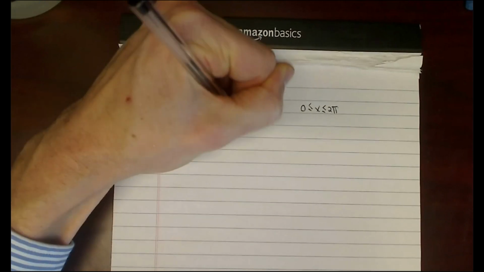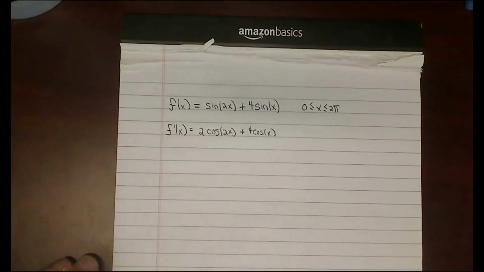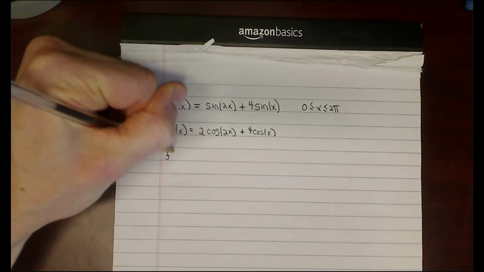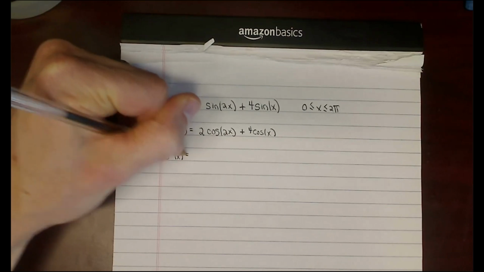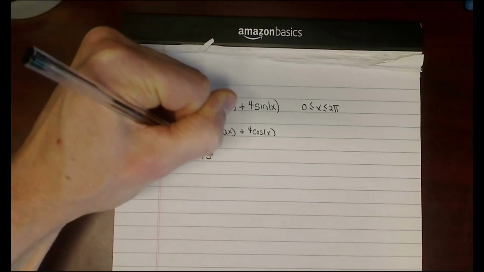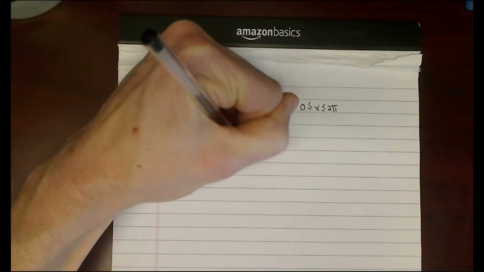And the next one is 4 cosine x. Now, we really don't care about our critical points here. We're just after the second derivative, so we're going to calculate it right now. We get a minus 4 sine of 2x minus 4 sine of x.